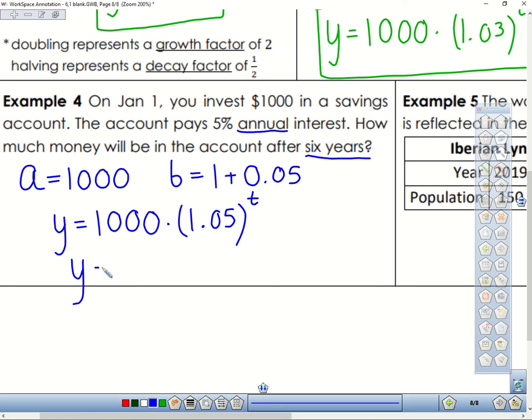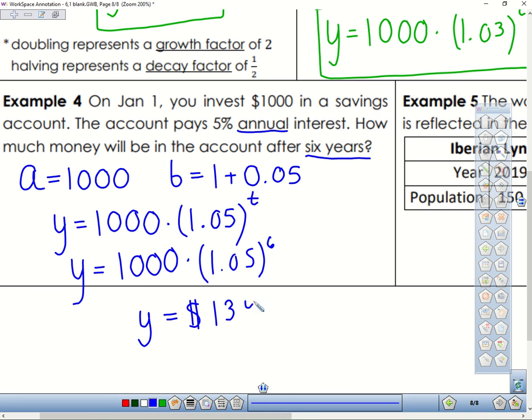So y is equal to 1,000 times 1.05 to the 6th power, which means y is equal to 1.05 to the 6th power times 1,000, which is $1,340.10.